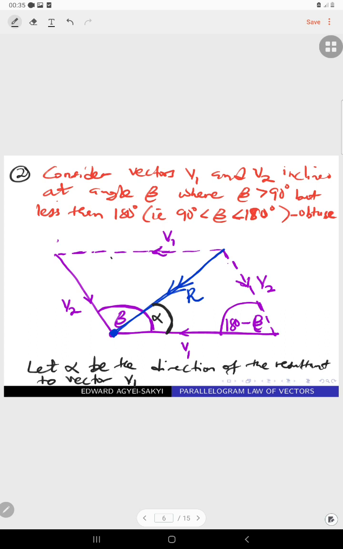Okay, that is it. So when you are applying the sine rule in the same triangle, this triangle is where we are applying the sine rule, you can use it to solve your alpha.